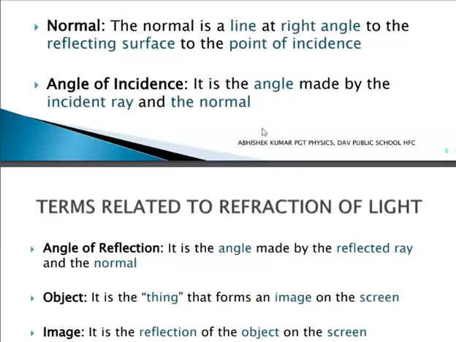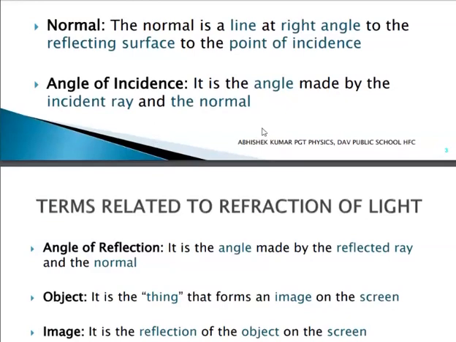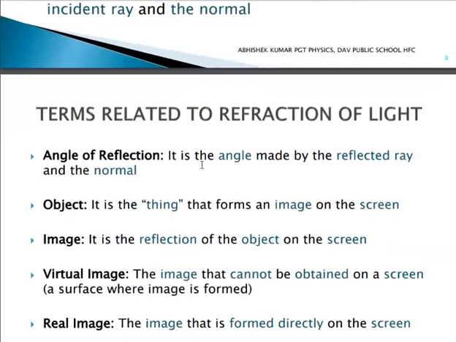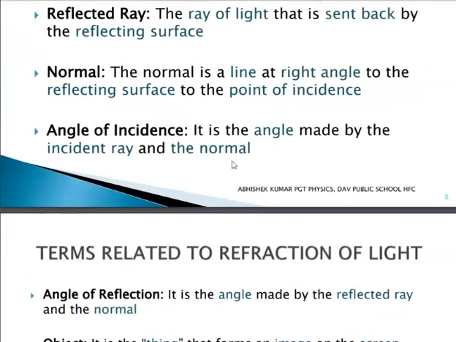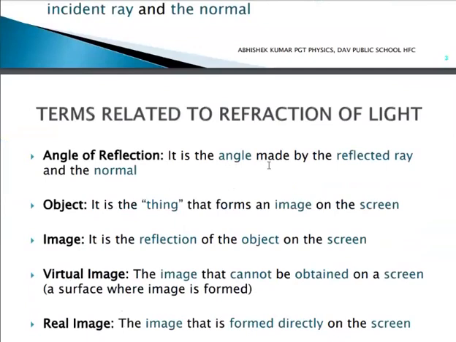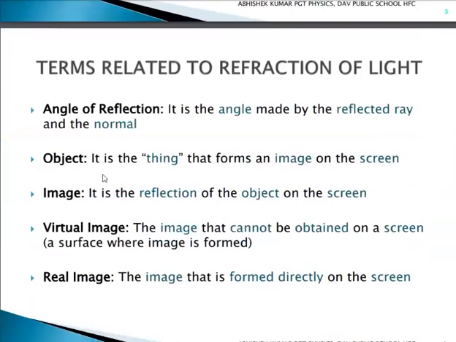Similarly, angle of reflection is defined as the angle made by the reflected ray with the normal, and it is denoted by r. Angle of incidence is denoted by letter i, and here it is denoted by small letter r.